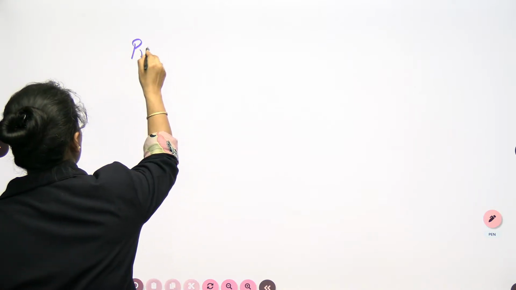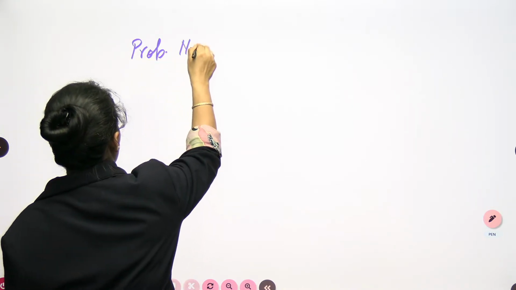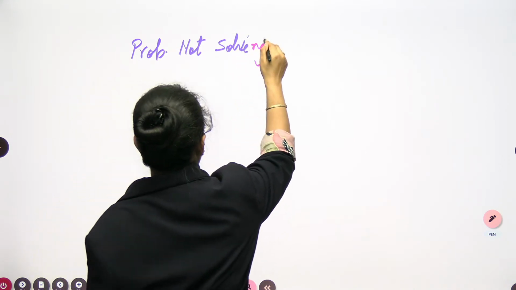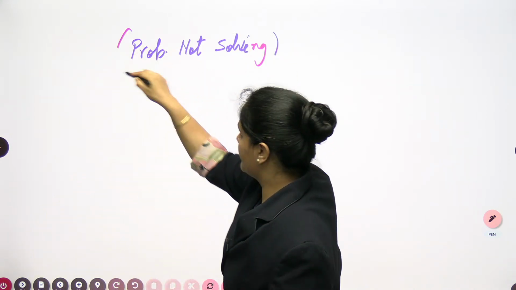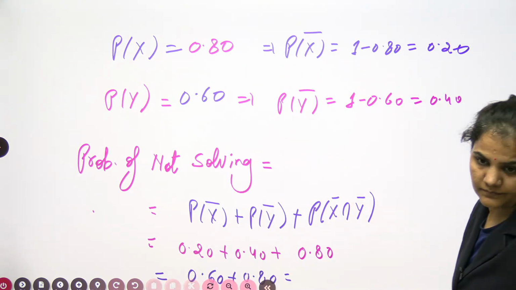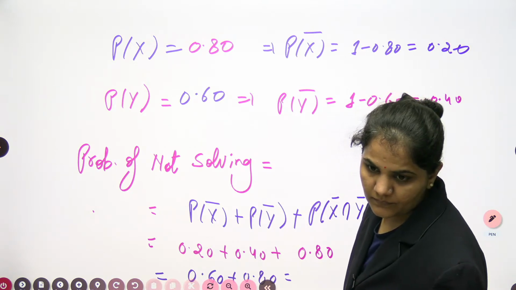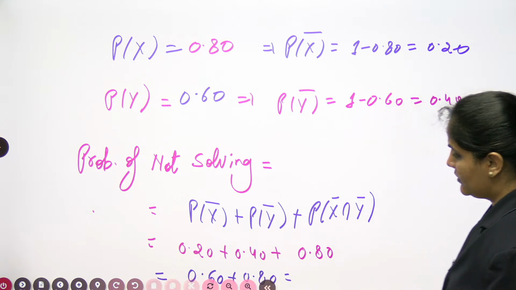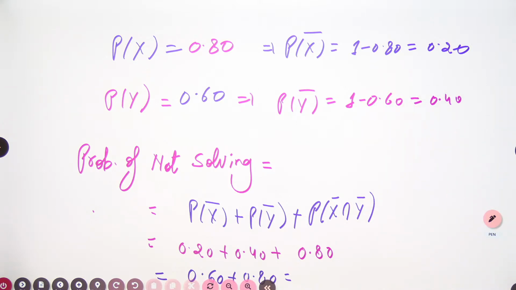So this is the probability of not solving, neither by A nor by B.